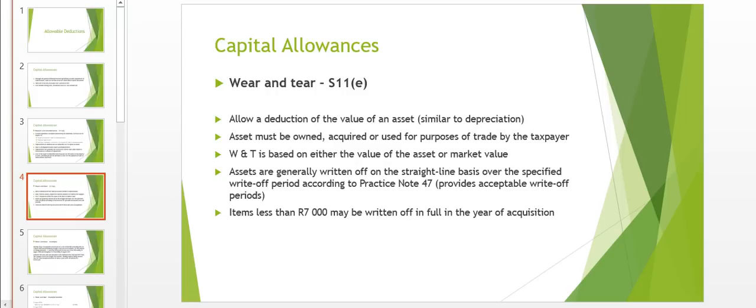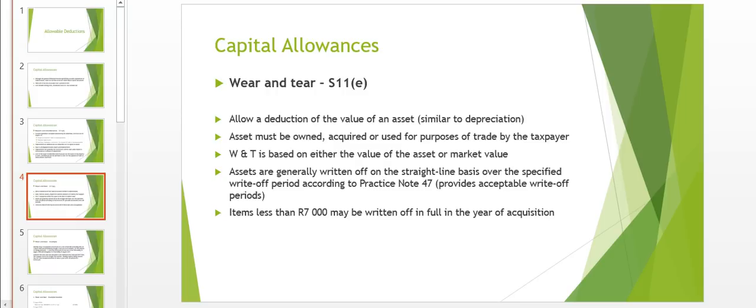Your Sunday vehicle, your convertible car which you use just to drive on Sundays and show off, is not used for trade. But your delivery vehicle, which you use in delivering goods to your clients, is used for your trade, and on that you may deduct a section 11E wear and tear allowance. Okay.